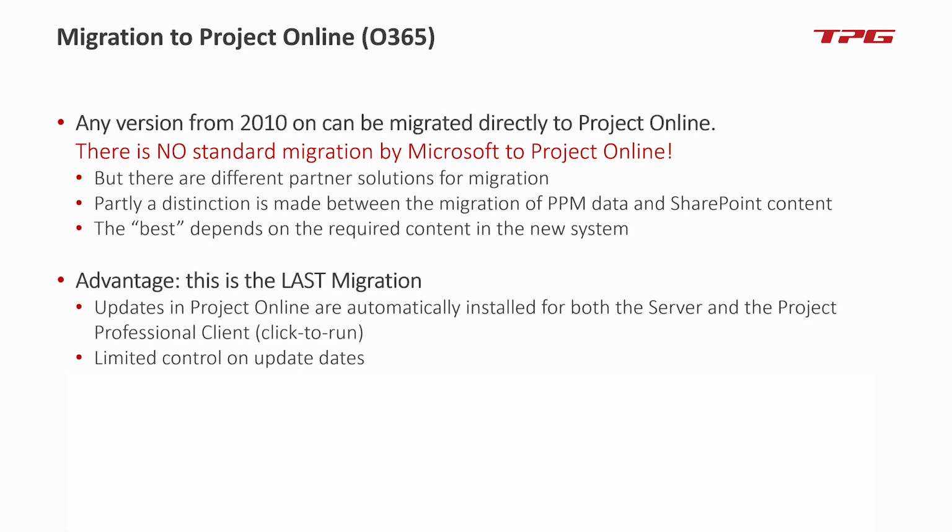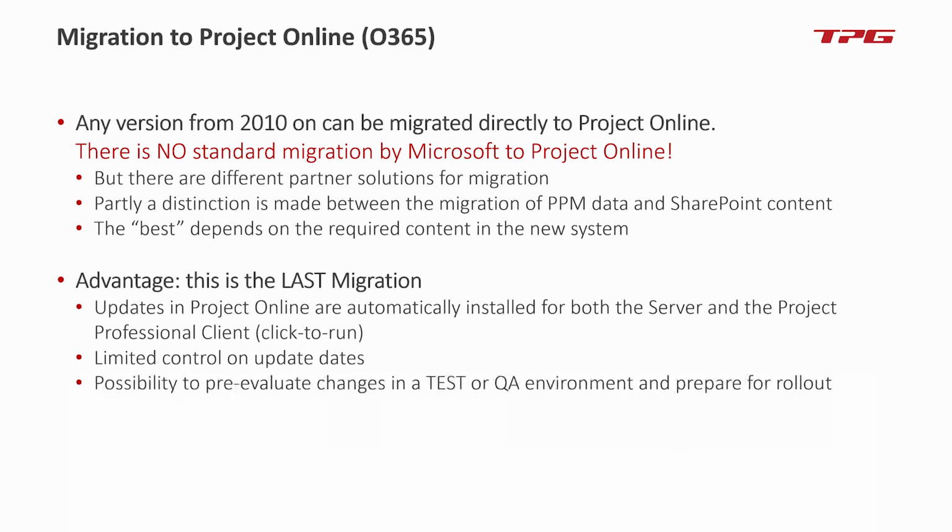The reason you can slow them down and delay them a little bit is the possibility to pre-evaluate these changes in a test or QA environment and prepare for the rollout from an organizational point of view, from a training point of view. And then at one point on your productive system, the update will just hit and bring it to the latest and greatest version, whatever you agreed on. But again, you cannot prevent it forever, which is part of a cloud solution anyway.